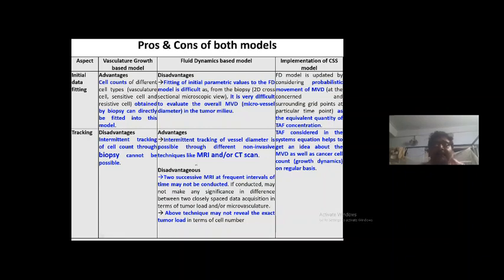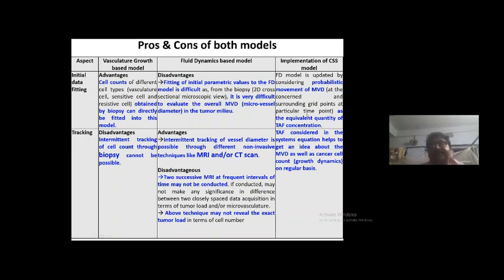Whereas the FD model has the advantage that it can be followed up through MRI or CT scan. The disadvantage is that if MRI or CT scan is performed between two consecutive very close times, it may not produce any appreciable data change.